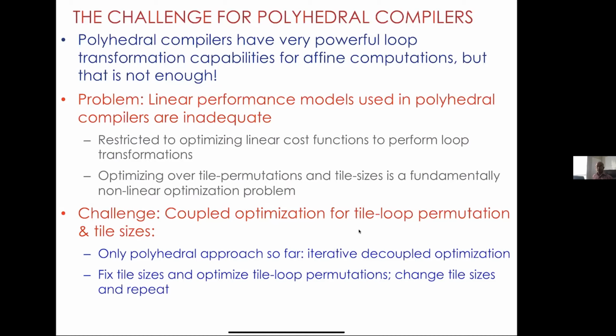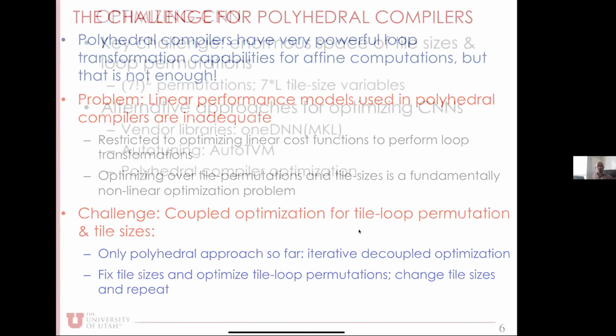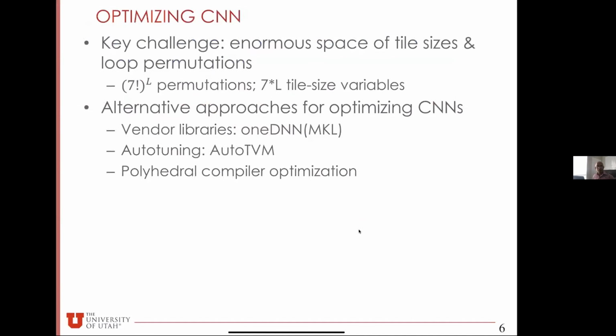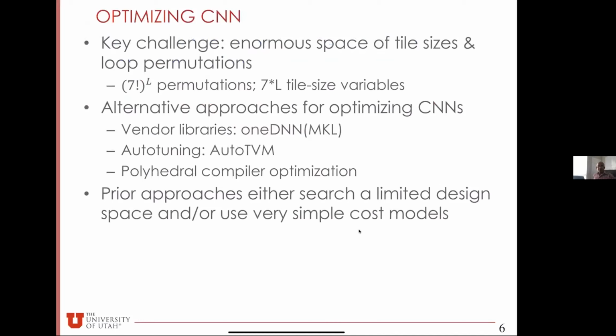So fixed tile sizes and optimal tile loop permutation, change tile sizes and repeat, etc. So coming back to optimizing CNNs, between these three types of approaches: vendor libraries, auto-tuning approaches, or polyhedral compiler optimization, all of these either search a limited design space, or they use very simple models where maybe the whole design space is open to the optimization, but the fact that the cost models are extremely simple doesn't allow the systems to find really good solutions.